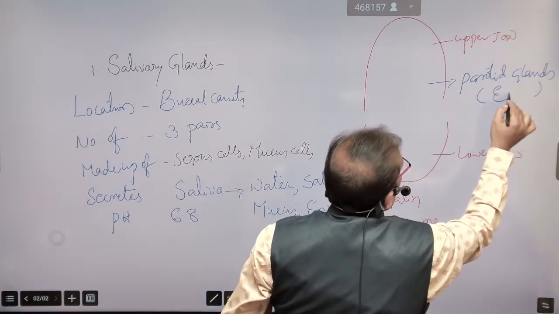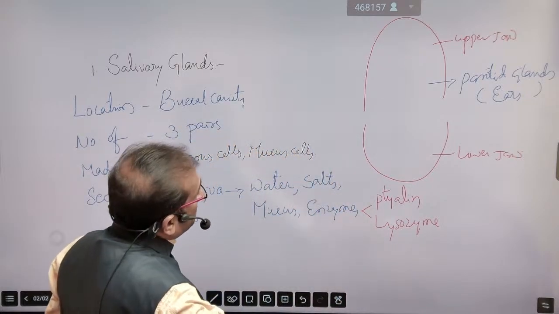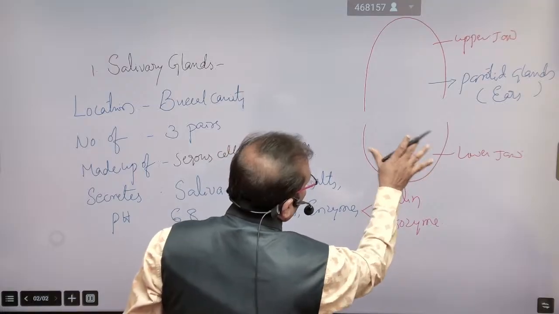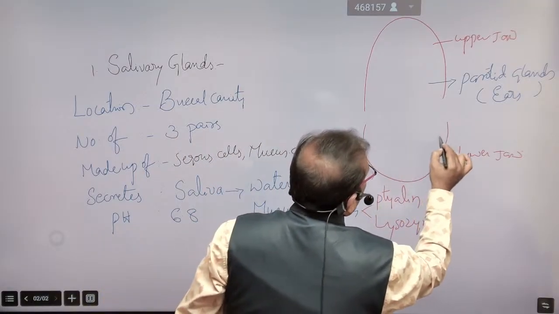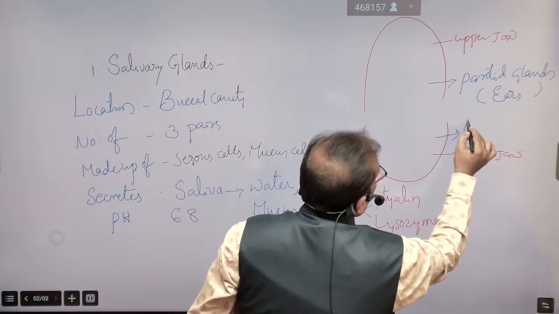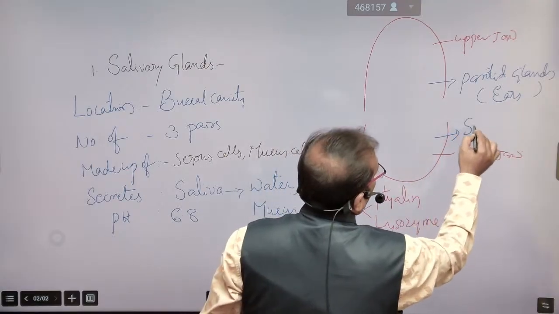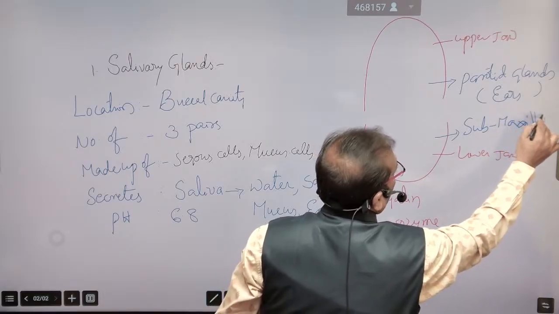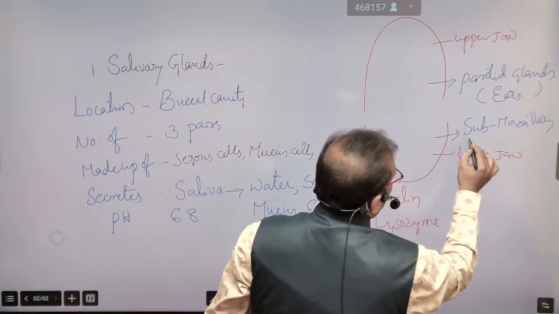One pair is there near the ears, and the remaining 2 pairs are present below, in the lower jaw only, because one is submandibular, also called submaxillary.